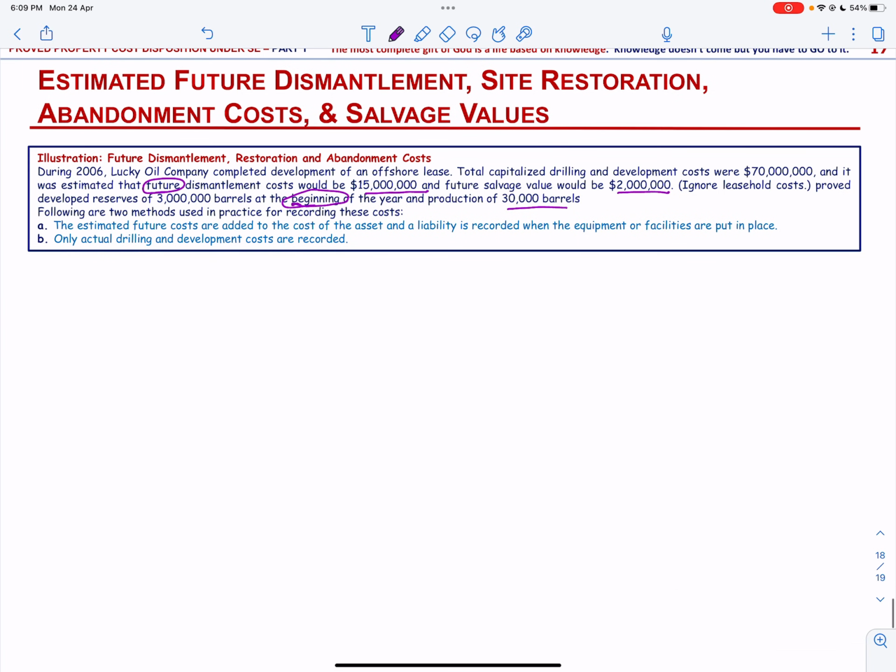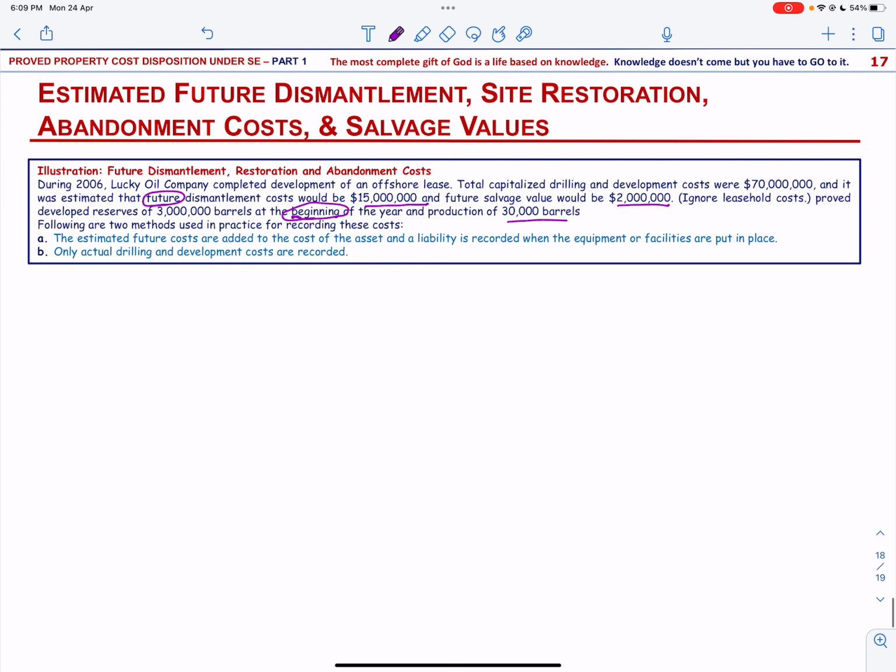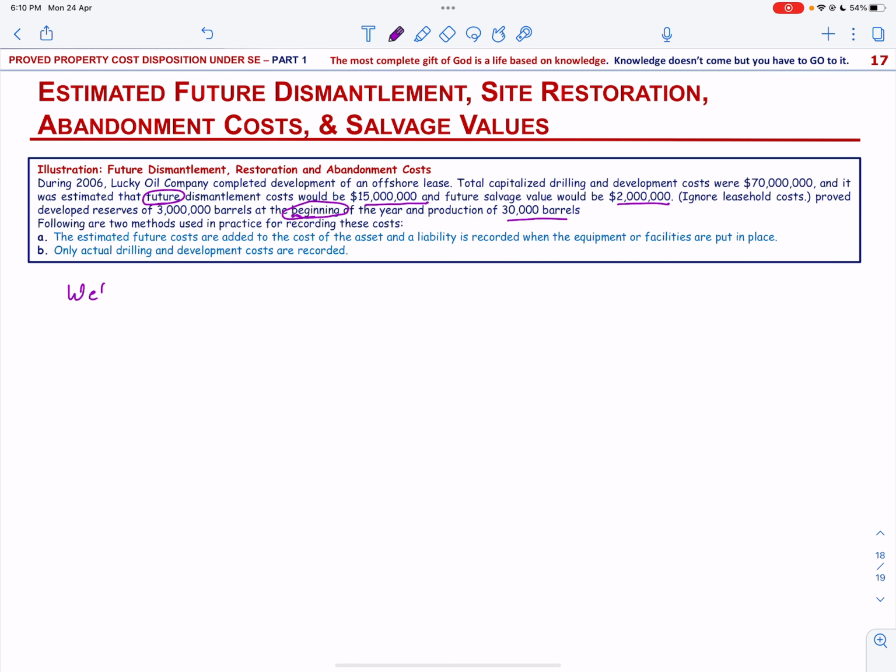So first of all, the journal entry will be wells and related equipment and facilities will be debited, and this will be debited by 70,000 plus future cost of 15, that makes 85 million. We have already paid cash for 70 million.